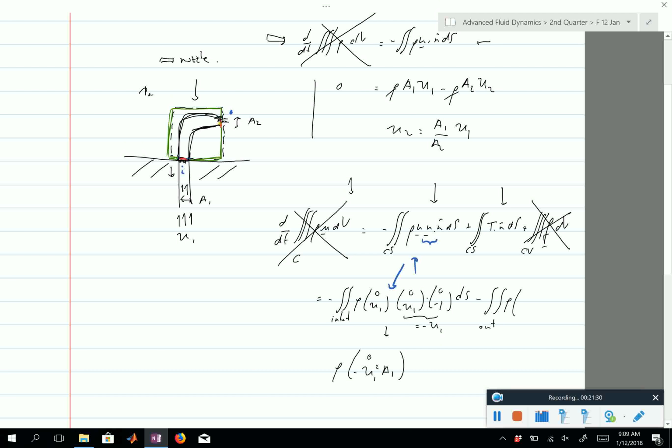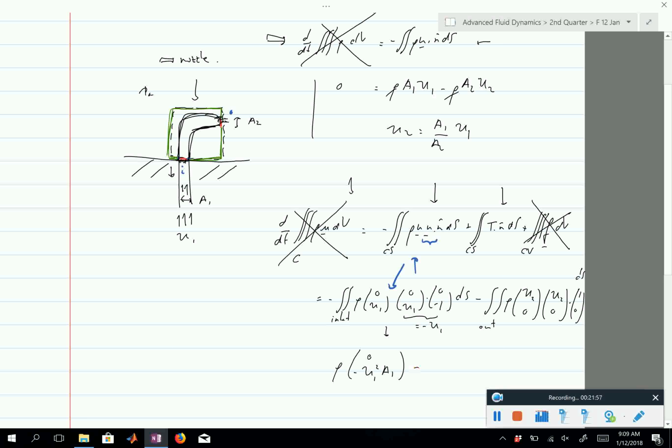Now when I'm looking over this outlet, I do have a volumetric flow rate, but now the velocity is in the x direction. And so u2 is in the x direction, so I have u2 0, and here I have u dot n, u2 0 dot my normal vector. What is my normal vector? 1 0. My normal vector here is 1 0 ds.